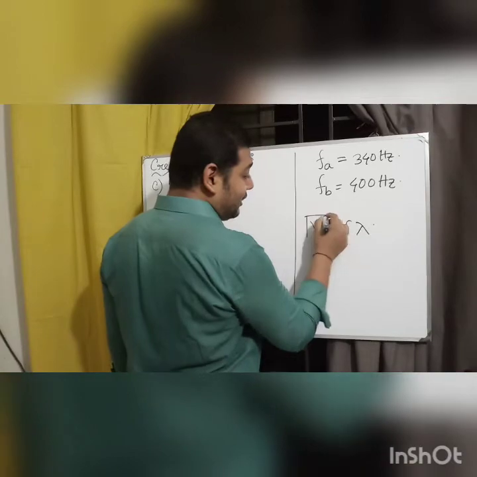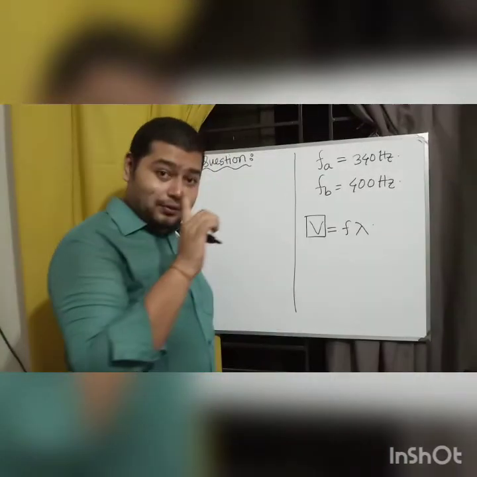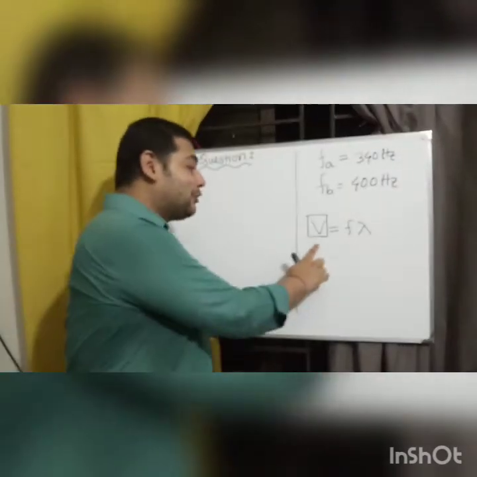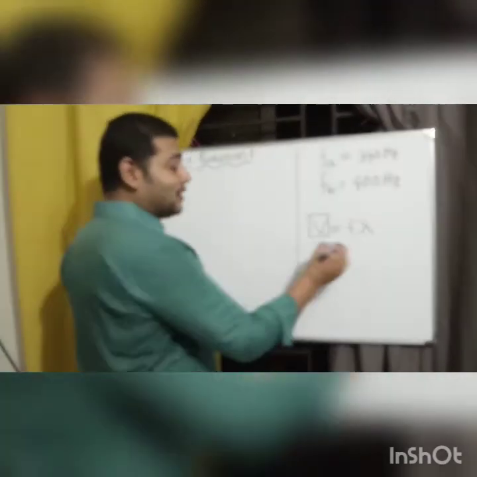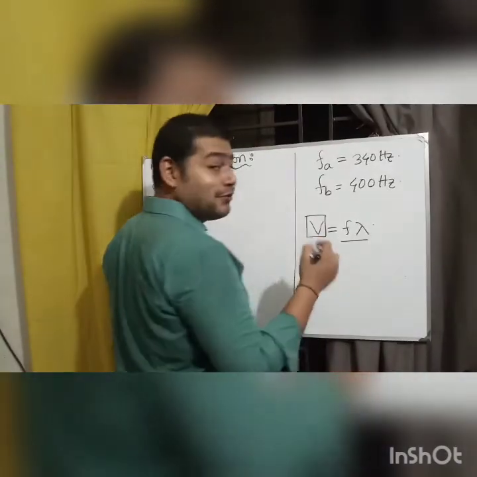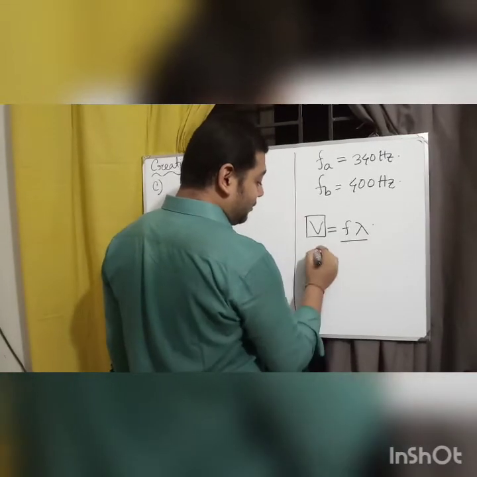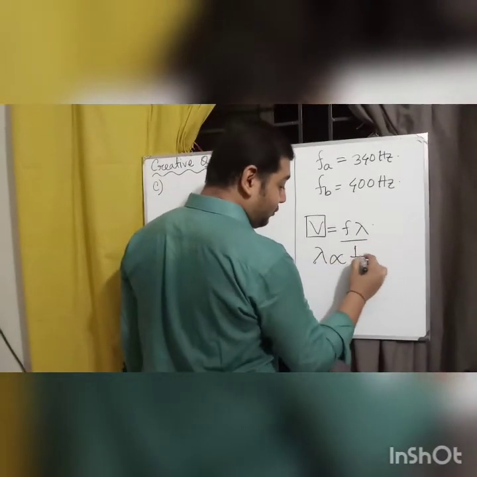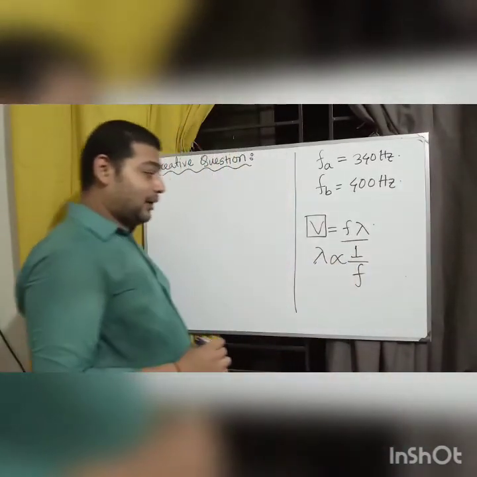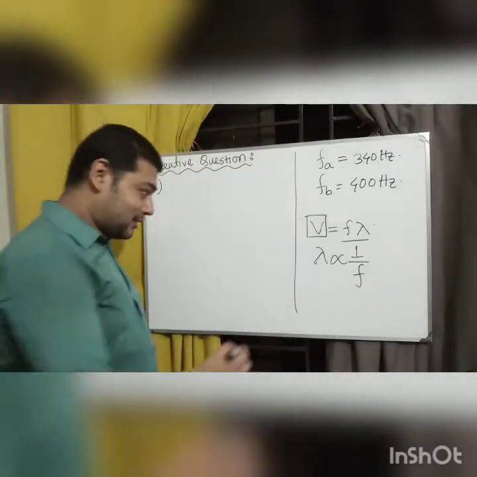So in a medium, V will always be constant. So the relation between frequency and wavelength is inversely proportional. Lambda is proportional to 1 by F. Wavelength is inversely proportional to the frequency. We know that. Okay.